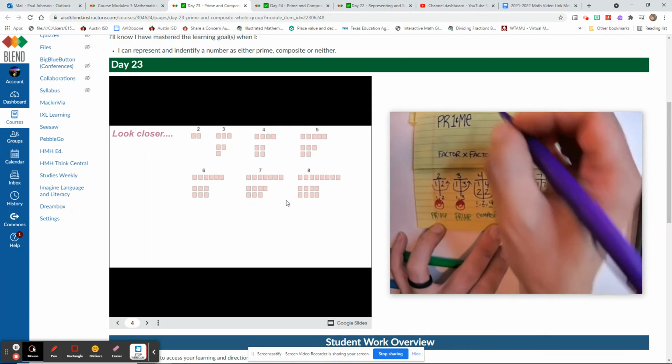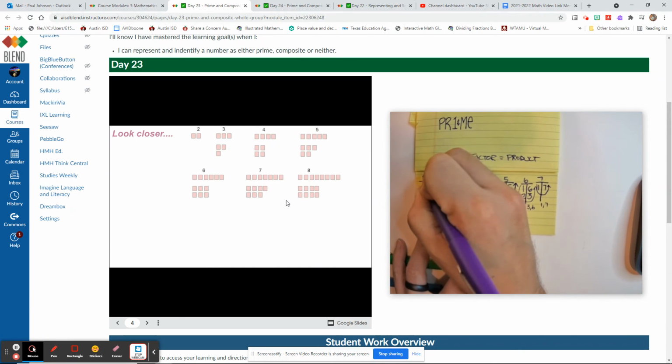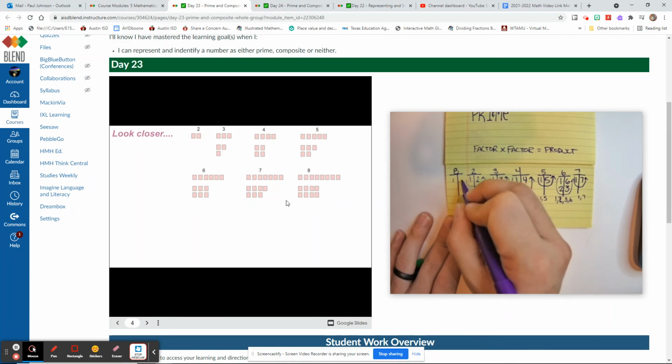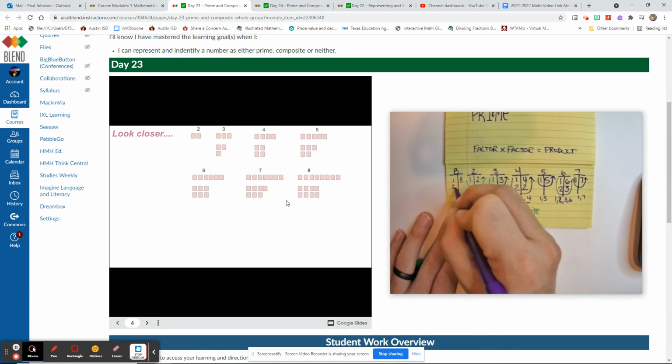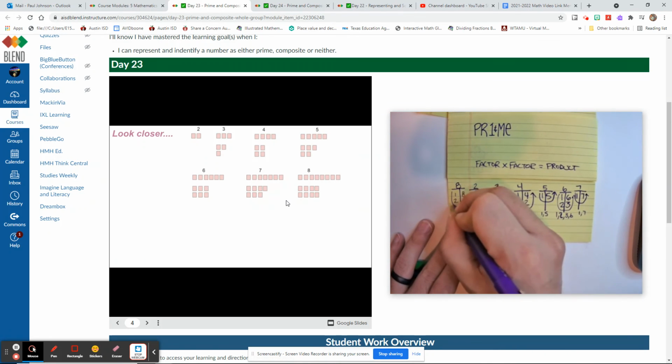All right, and then I'm going to do 8 over here. So all the ways to make 8. We can do 1 times 8, and we can do 2 times 4. So it has four factors, 1, 2, 4, and 8.